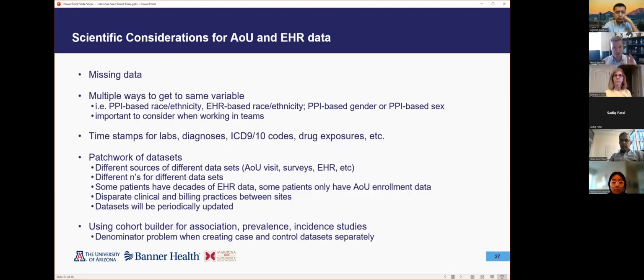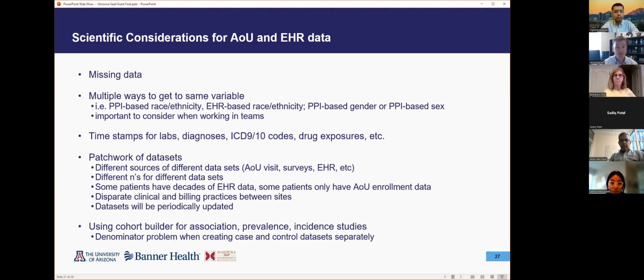And so it's just some of the major scientific considerations. You have to, of course, be cognizant of missing data. There's going to be missing data. It's big data analysis, so you're going to have missing data. So you can't assume the lack of a value in any field necessarily means that that value is a zero. It's probably missing as opposed to being a zero.